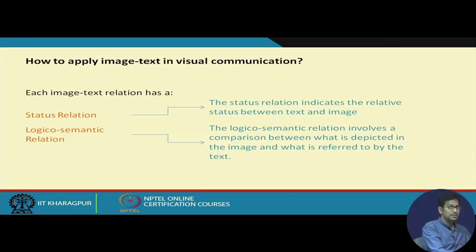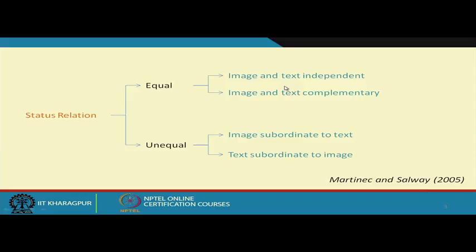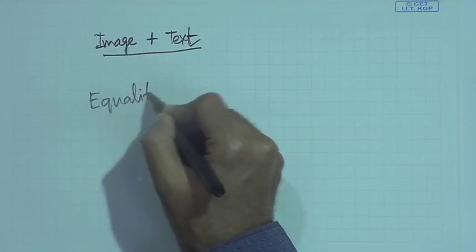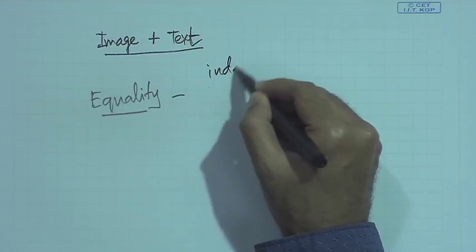So, let us first look at the first step of status relationship over here. Status relationship, as I mentioned, could be equal or unequal. The first could be the image and text are independent, and the second, the image and text are complementary. Equality is achieved if they are independent.